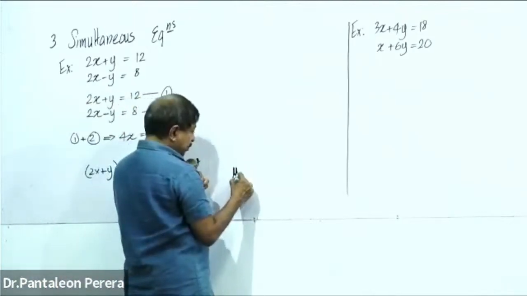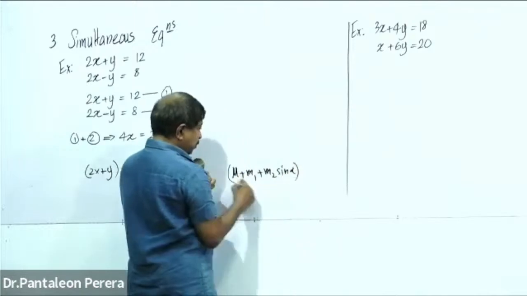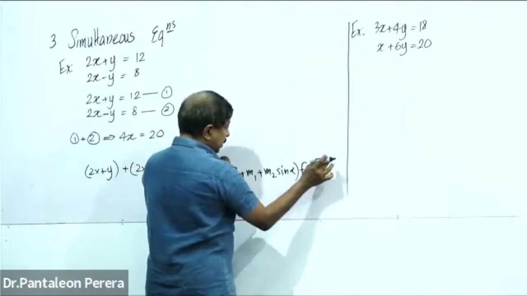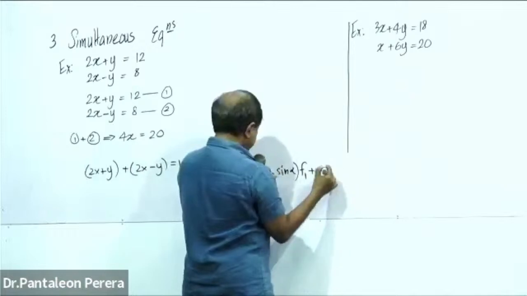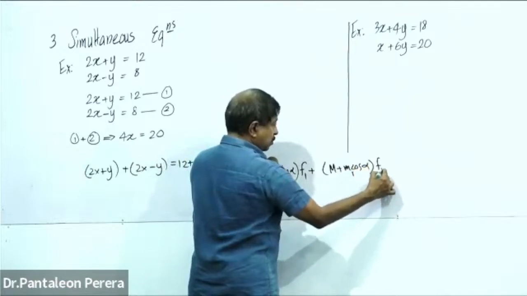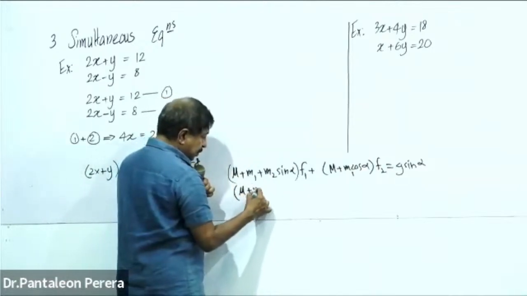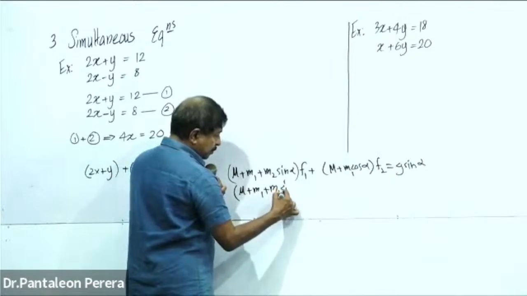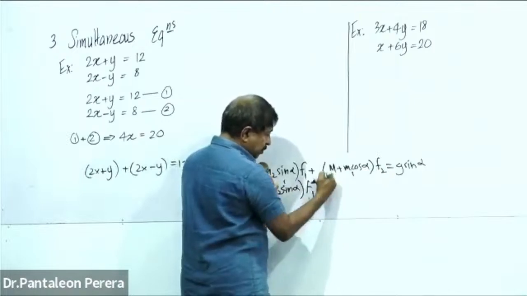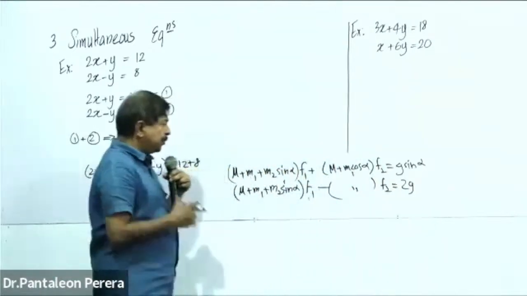Say, for example, you have some equation like this, even in F2, and the next equation is very similar, with the same thing subtracted.